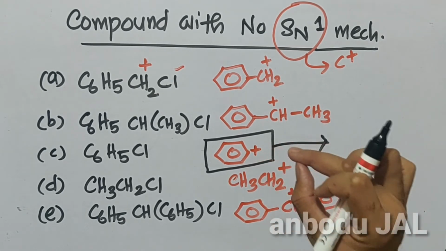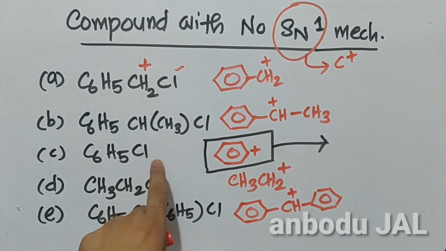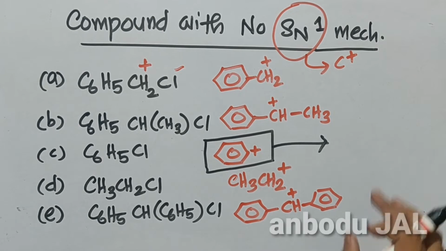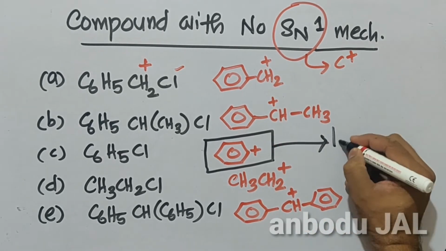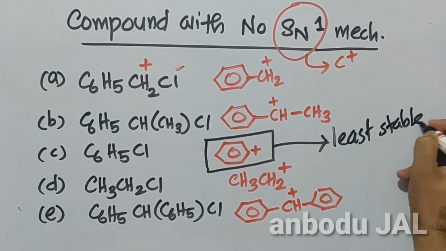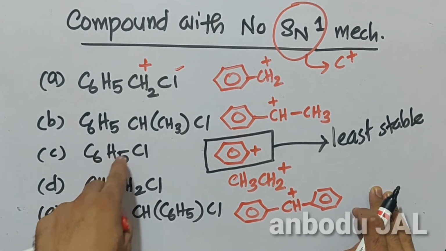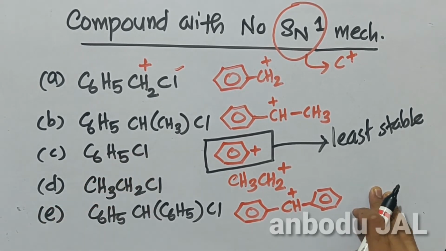So it will never leave the Cl minus ion. That is, chlorobenzene will never undergo SN1 reaction. Least stable, or very less stable. That is why C6H5Cl will not undergo SN1 mechanism.